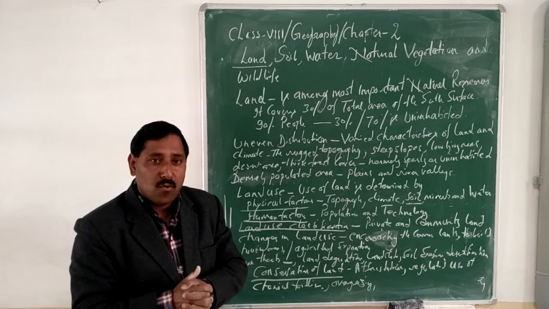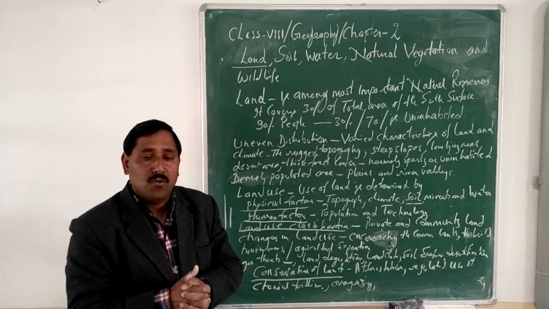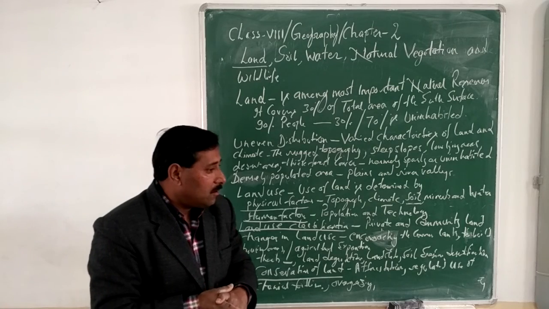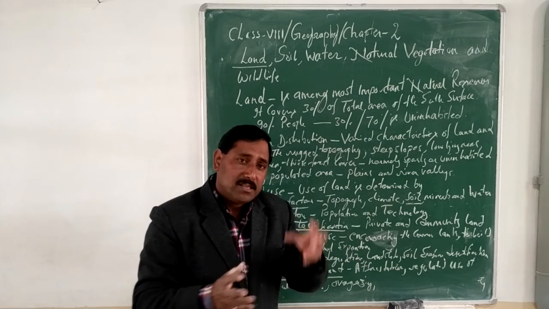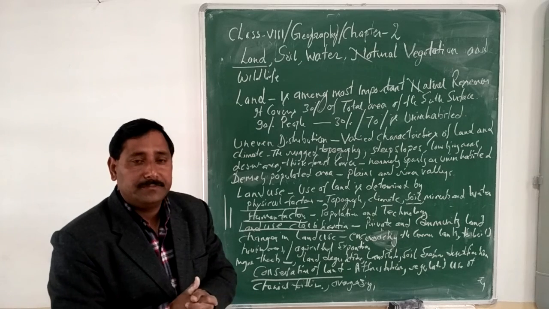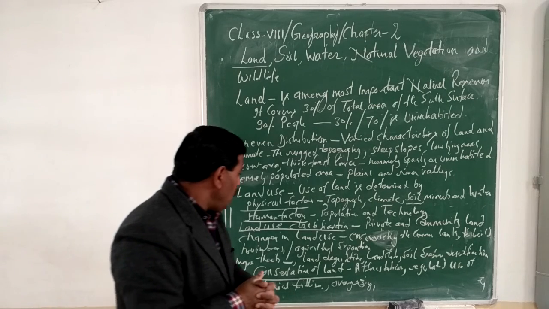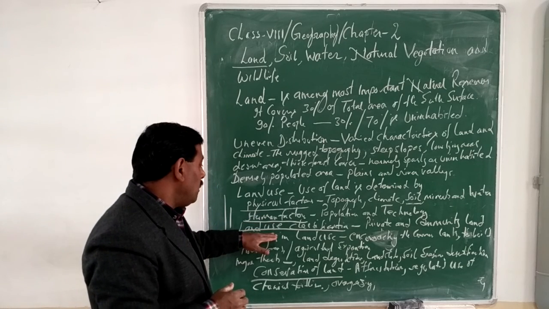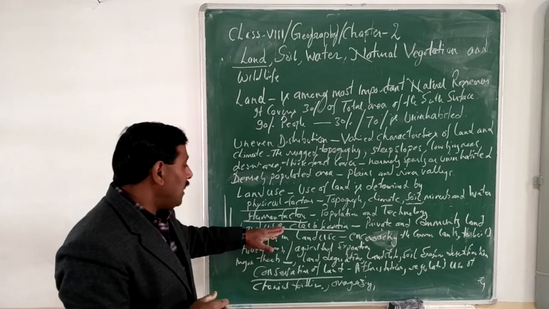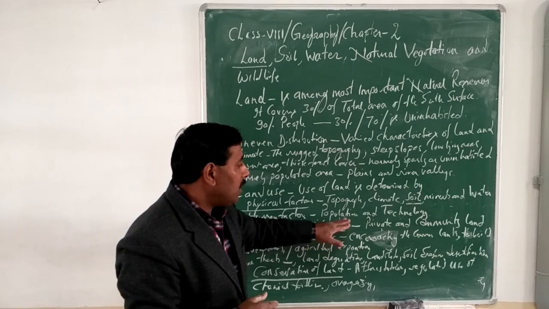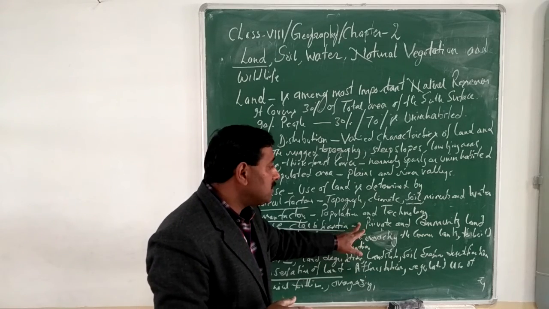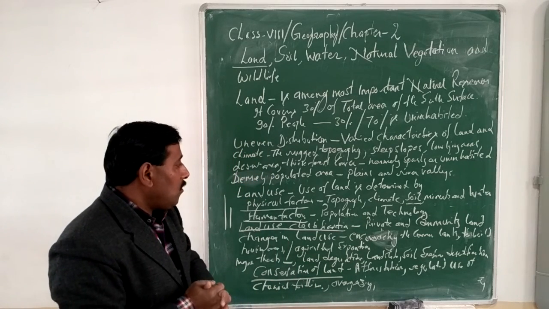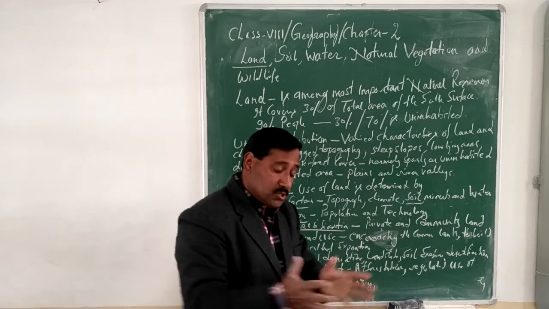The parks where you go, the tourist places where you go, the market area where you go, all these are part of the community land. So now I hope you have understood the land use classification, where only two categories we have discussed, private and community land. Now, we have been using this land since a long time.